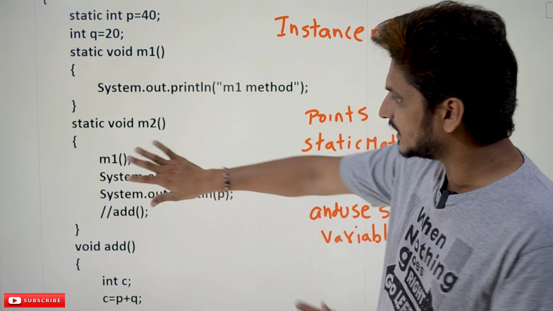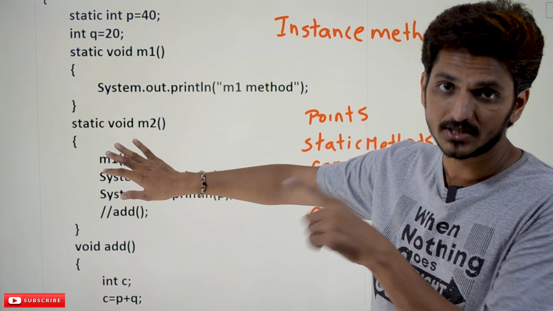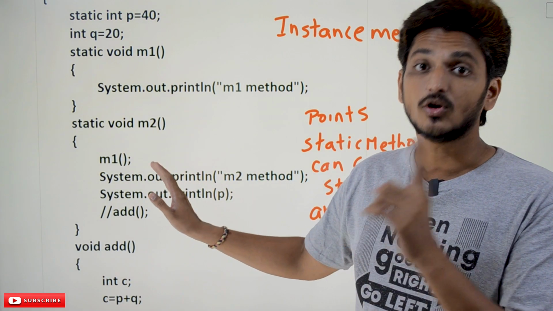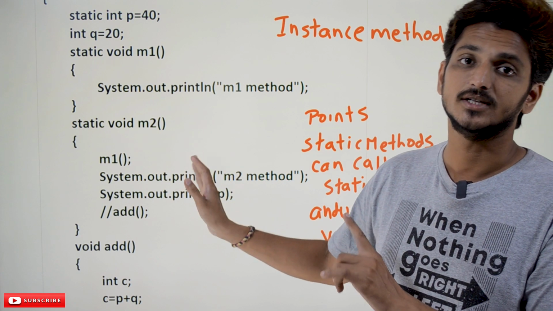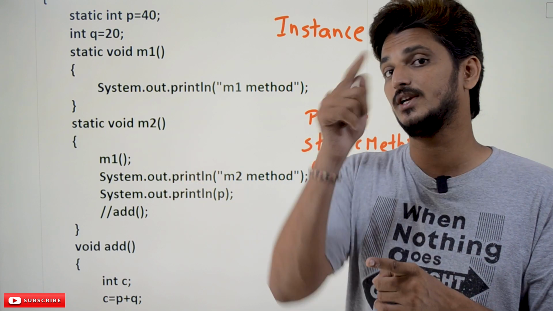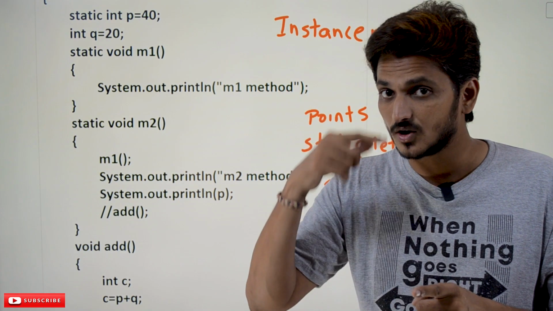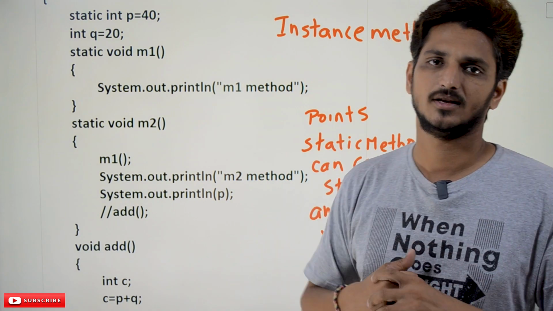But if a static method wants to use instance methods and instance variables, it is not allowed. Without creating an object, you cannot use instance variables and instance methods. Instance methods and instance variables are allocated space only when you create an instance, meaning an object.